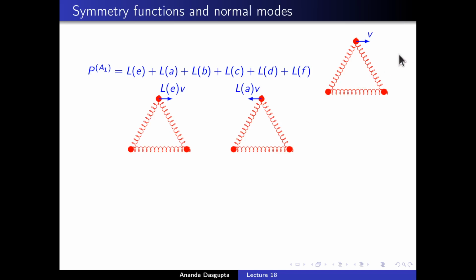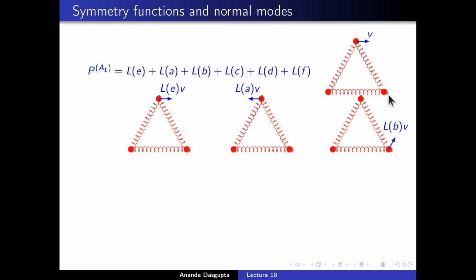B is a reflection along this line. So when you apply LB, this particular vector gets reflected, but not only that, the atom moves from this corner to this corner. So this is what LBV is going to be. I would urge you to actually take pen and paper and draw this out yourself. It is much easier to convince yourself of the truth of all that I'm saying if you do it on your own.